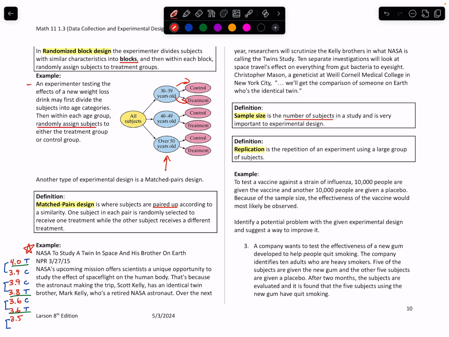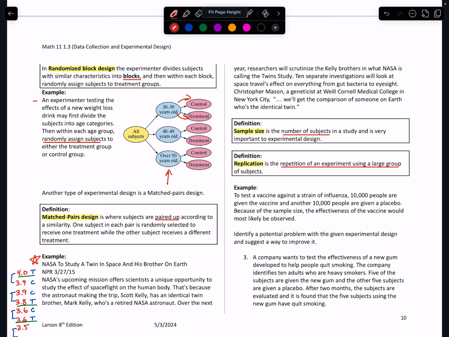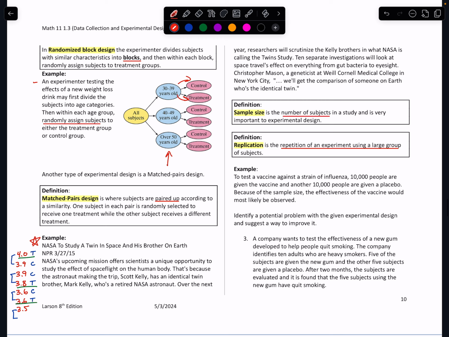Can I repeat an experiment using a large group? It's maybe fine if I did it for a smaller group, but could I replicate this with a bigger group? And could I do it again if I needed to? Could I run this experiment multiple times to see if I get different results or the same or similar results each time?